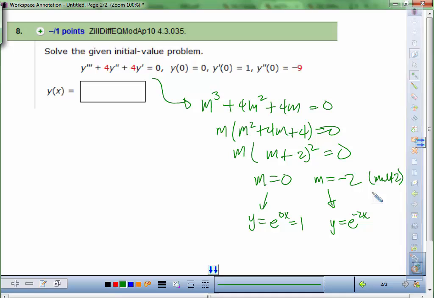But it has multiplicity 2, so we should expect another one out of this. So I guess we should label these y1, y2, y3. Our third fundamental solution, we know we have multiplicity, we just tack on an extra x in there. So x e to the negative 2x.